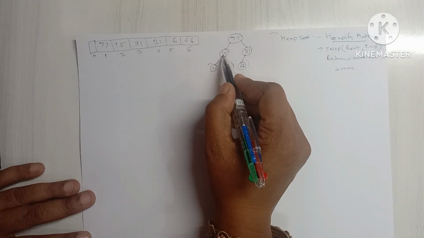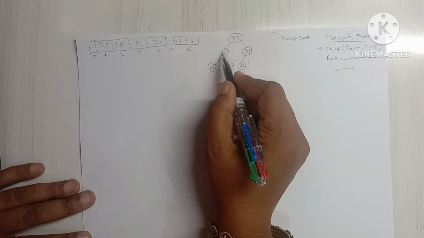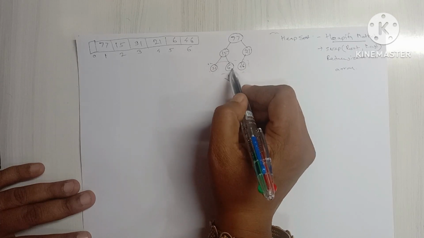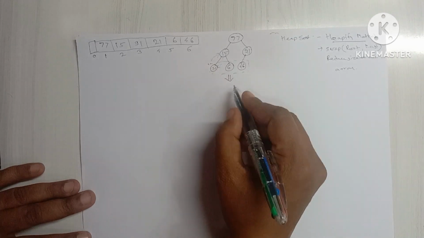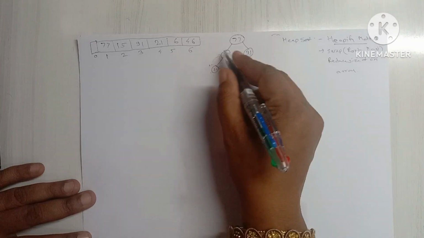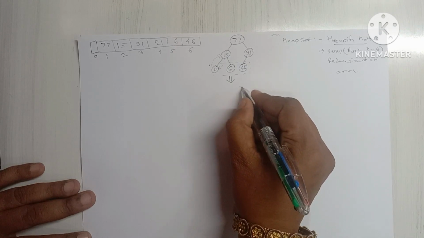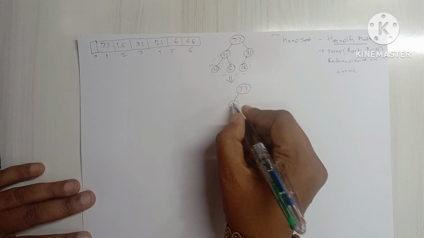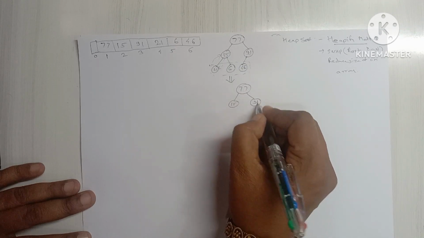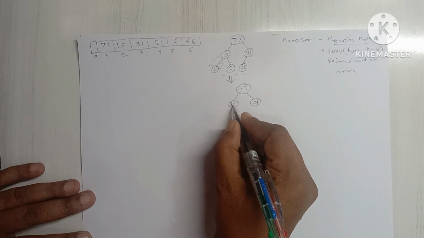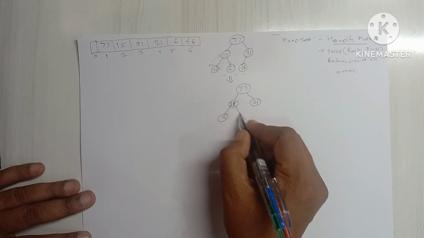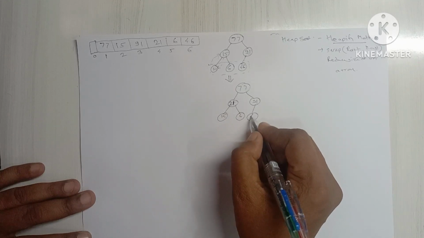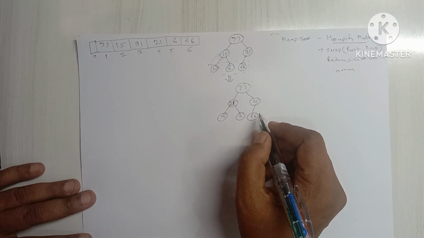Now consider 15. Is 15 greater than its children? No. In that case we need to swap. The tree will be like this: 77, 15, 91. Sorry, here is 21, we need to swap, and here is 15. 6 is as it is and 46 is as it is.